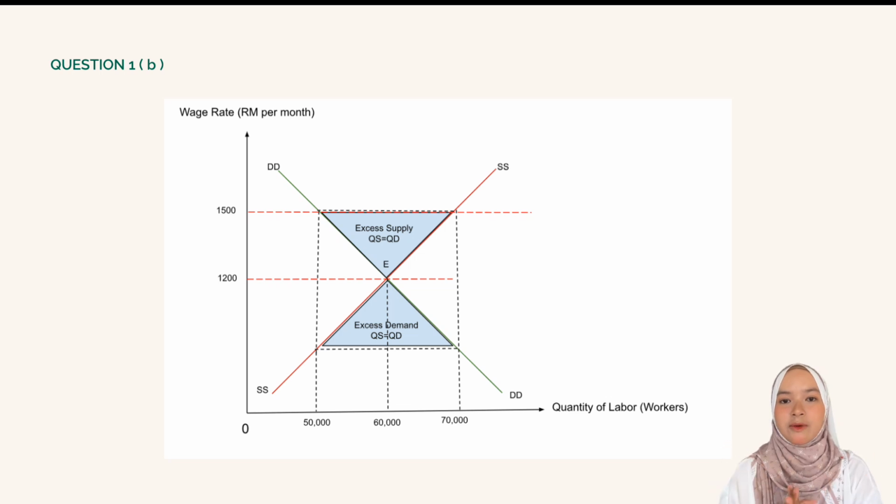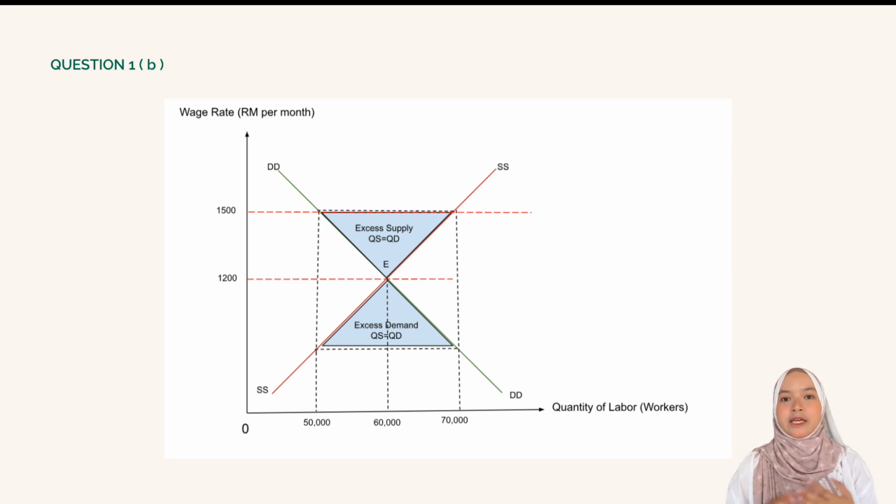Market equilibrium in the labor market occurs when the quantity of labor demanded by employers equals the quantity of labor supplied by the workers at a specific wage rate. This balance ensures that all willing workers can find jobs and all employers can hire needed workers. Government intervention, like imposing a minimum wage, can disrupt this equilibrium and have economic consequences in an unregulated labor market. The equilibrium wage is determined where the demand and supply curves intersect.